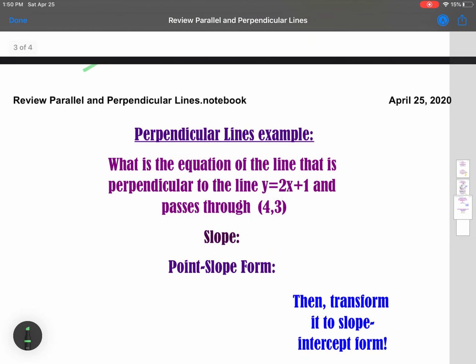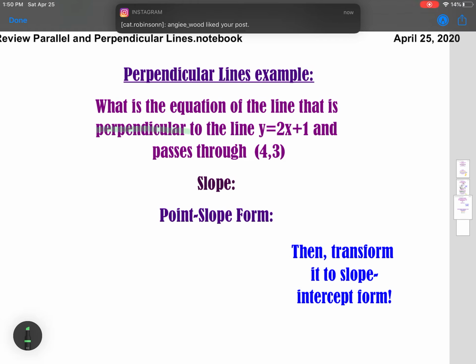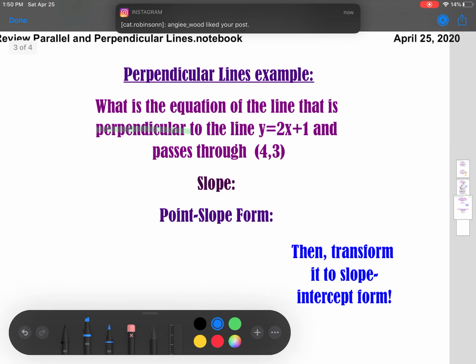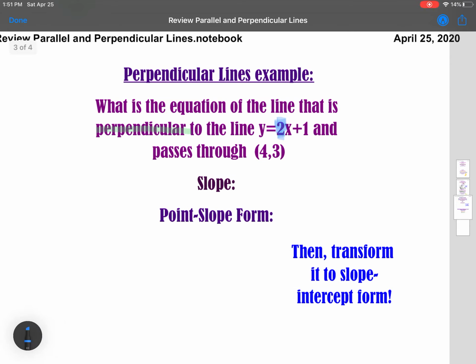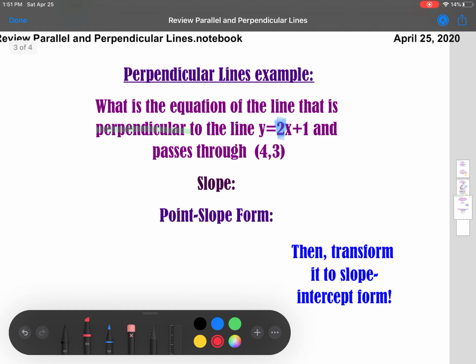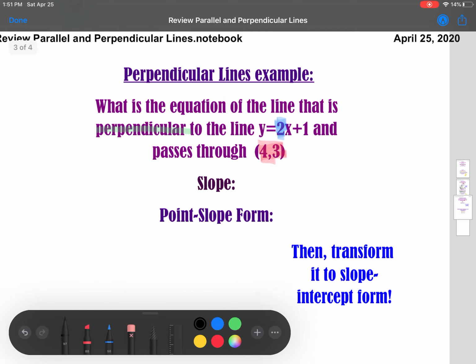So now an example that we're going to work through for perpendicular lines. What is the equation of the line that is perpendicular to the line y equals 2x plus 1 and passes through (4, 3)? So my slope of my original line is 2, and we're going to be working with this point (4, 3).